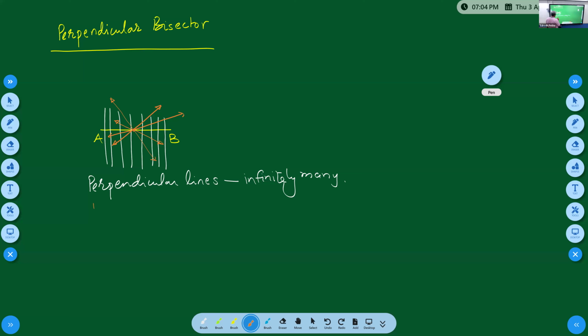Bisecting lines, again infinitely many. But when it comes to doing both the tasks together, it is unique. So we will have a unique line which will be perpendicular and bisect.